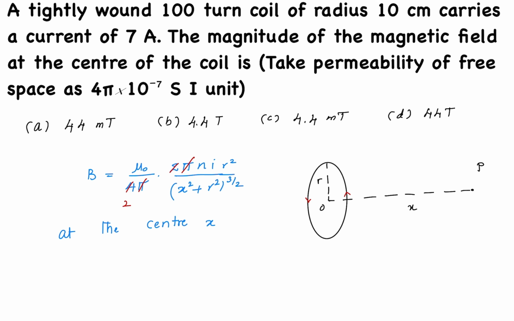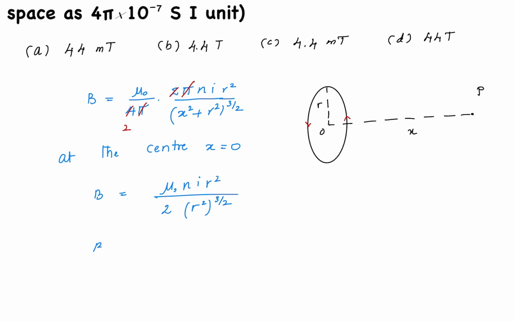of the current carrying coil, for x equal to 0, what we get is B is equal to mu naught n I r square divided by 2 into, x will become 0, so it will become (r square) whole to the power of 3 by 2, where root and square get cancelled out.